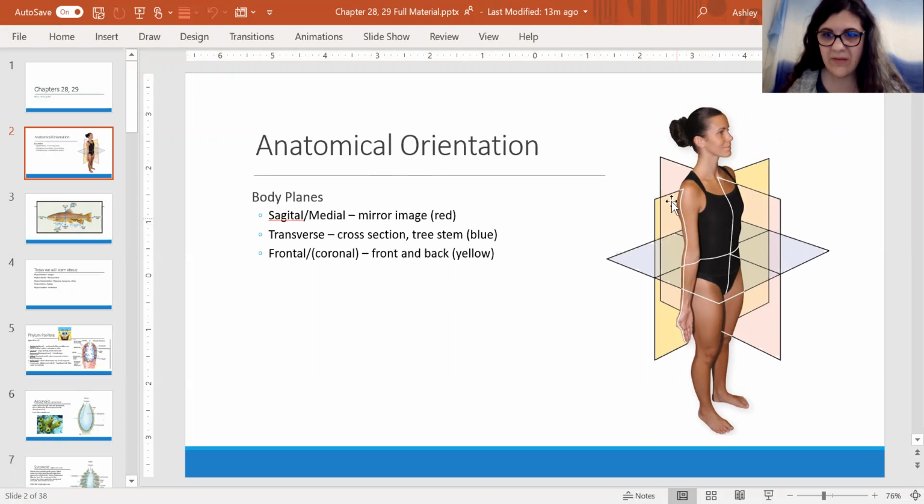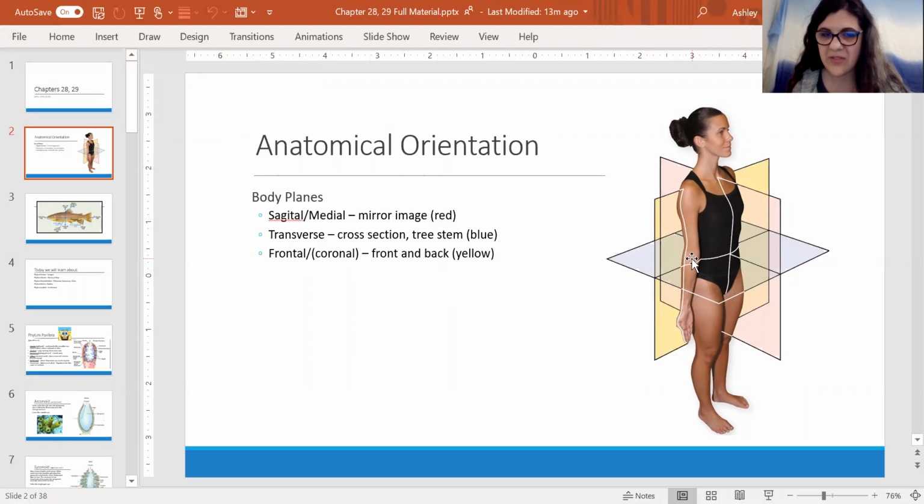The first plane is the medial or sagittal plane, which is in red. That one divides your left side and your right side. Then you have the transverse plane, which is in blue here. That one goes across, like a cross cut of the body.